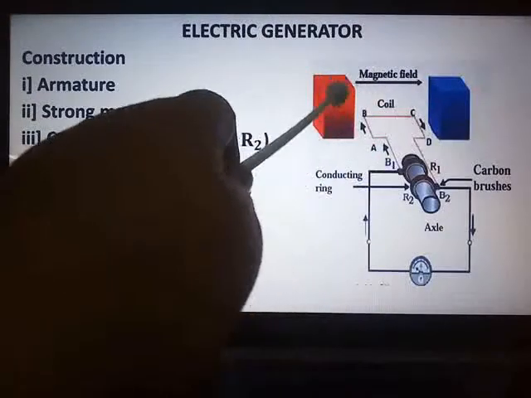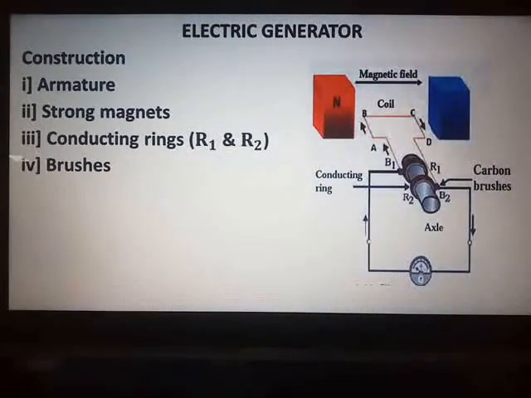This process is repeated again, and hence the induced current produced here is of alternating nature. Such a current is called alternating current, and hence the generator is called an AC generator because it produces current of alternating nature.